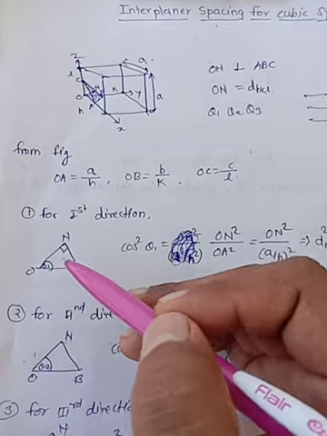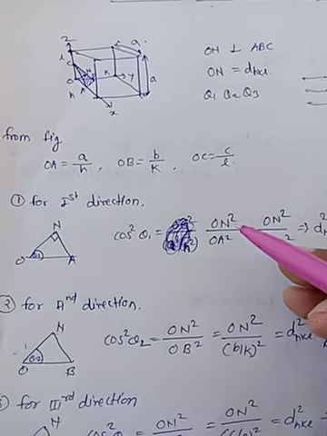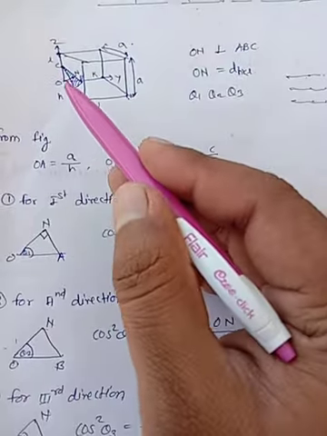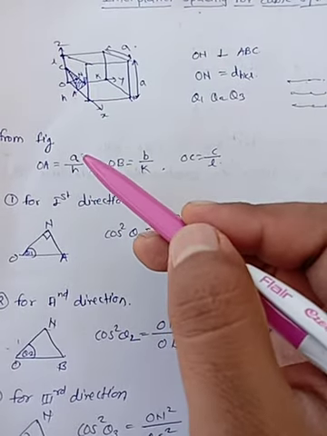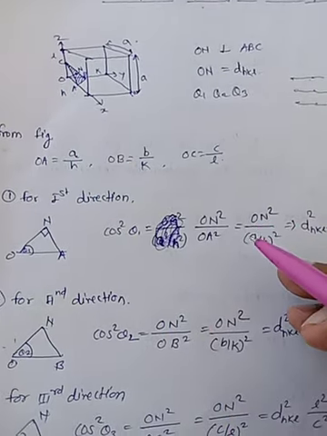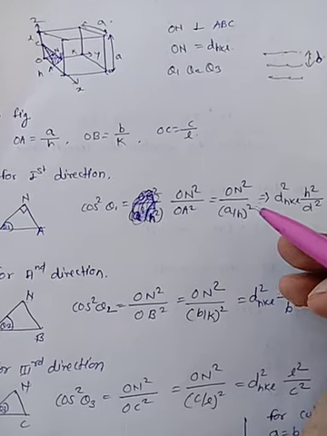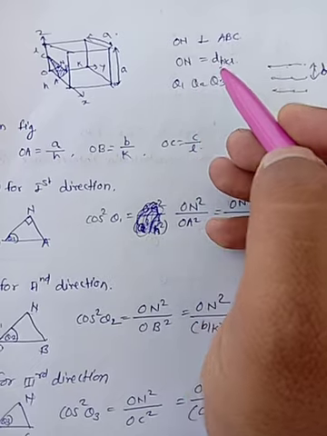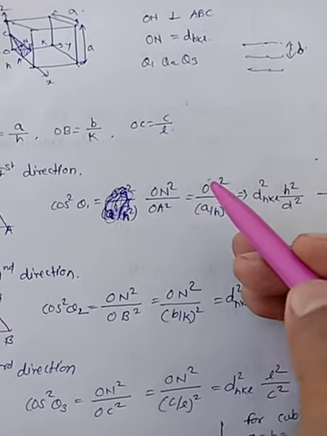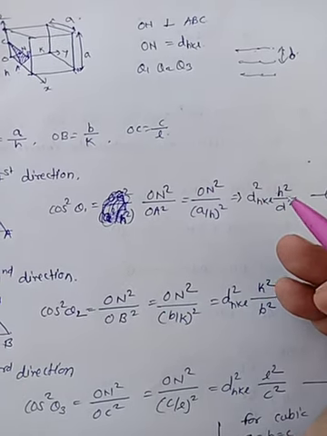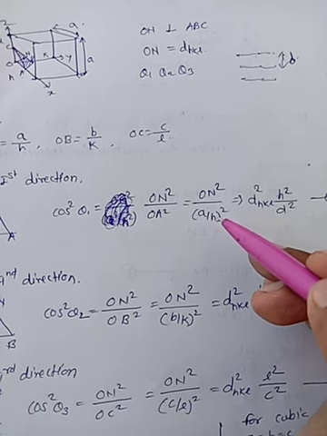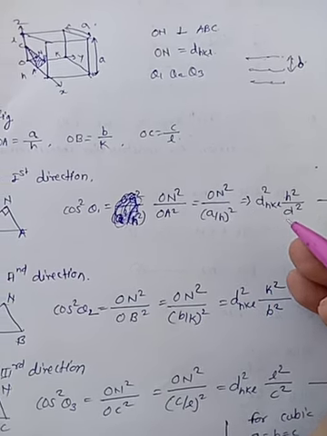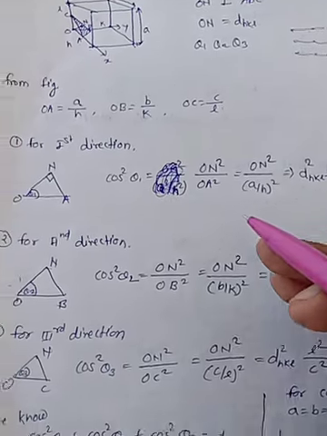ON square as it is, and OA is equal to a upon h, so (a upon h) whole square. But we know that ON is equal to d_hkl. Therefore ON square is equal to d square hkl into h square upon a square.